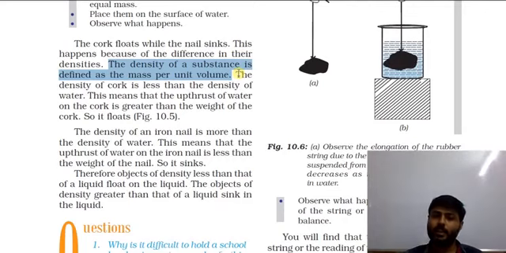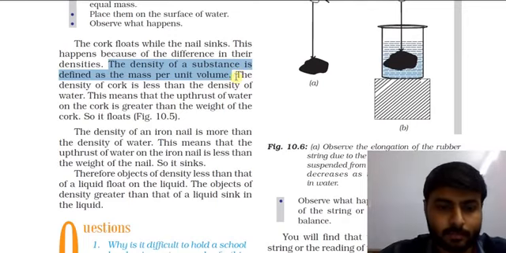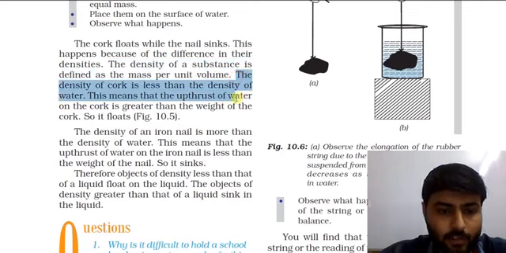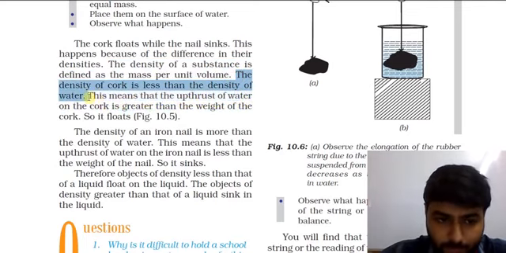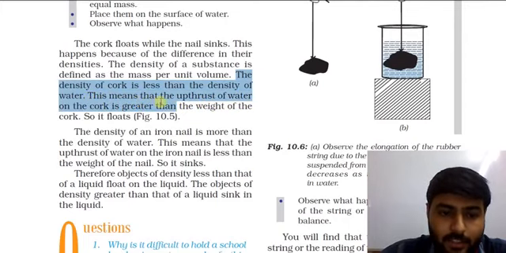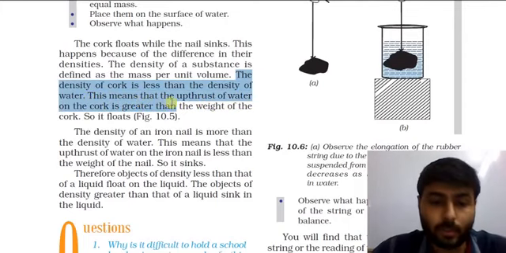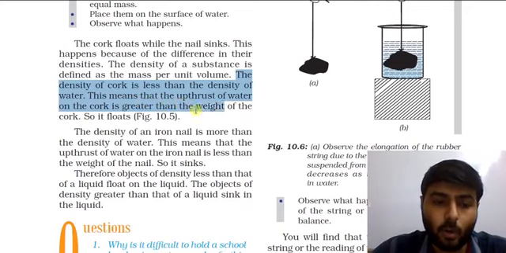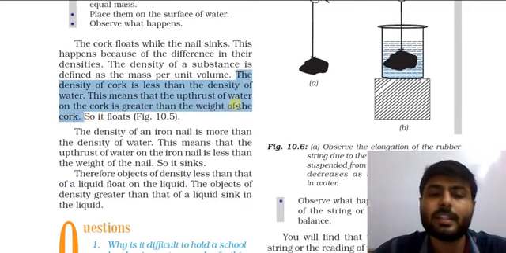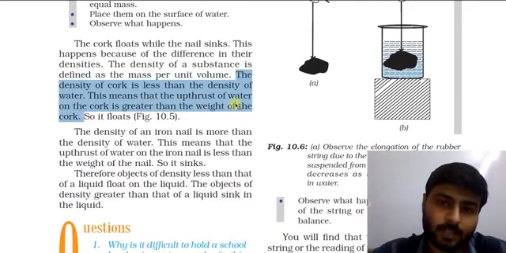Here we have another reason why cork floats on water: because the density of cork is less than the density of water. This means that the upthrust force of water on the cork will be more than the weight of the cork.